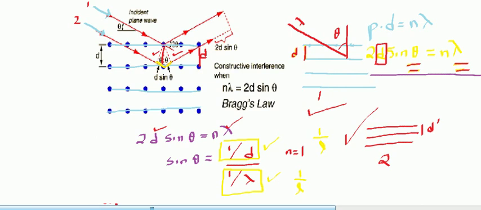So the idea was, instead of working with d and lambda, let us work with objects that have the structure of 1 by length. Now why do we go to 1 by length? Because when we go to the reciprocal lattice, you remember the reciprocal lattice vectors all had the dimension of 1 by length.